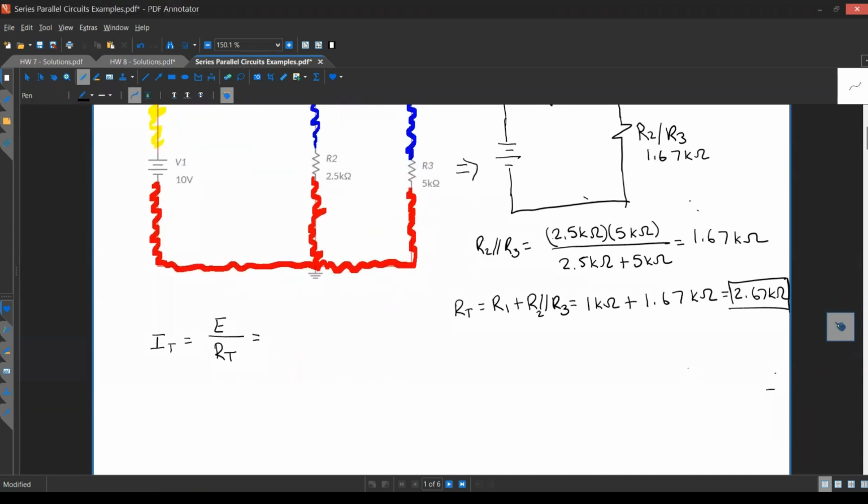Yes, we do, which is 10 volts divided by R total, which we just calculated, which is 2.67 kilo ohms. Let me plug that in. So 10 divided by 2.67 gives you 3.75 milliamps.